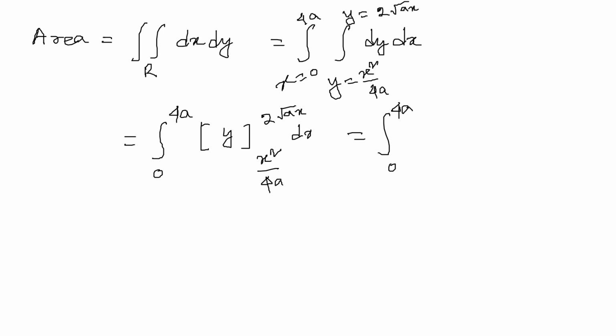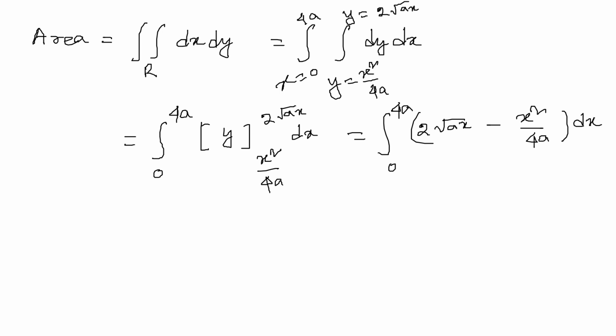Okay. So with respect to y we have already completed. Next with respect to x, now substitute the y limits. Then it is the integral of 2 root ax minus x square by 4a dx. Now look at the expression: it is only in terms of x.